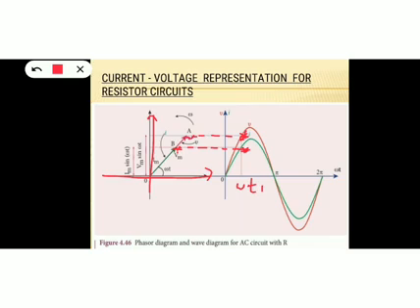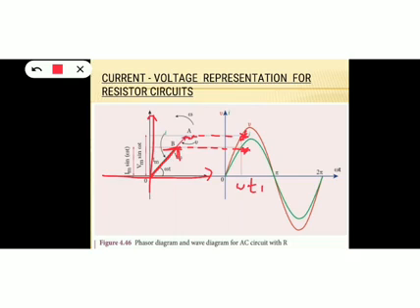So if we draw a vector from origin to this point, this vector represents the voltage, because this vector extends up to the point corresponding to the voltage point. And if we draw a vector from origin only up to this point, it forms the phasor for the current, because this vector extends only up to the point corresponding to the current value in the VI graph.